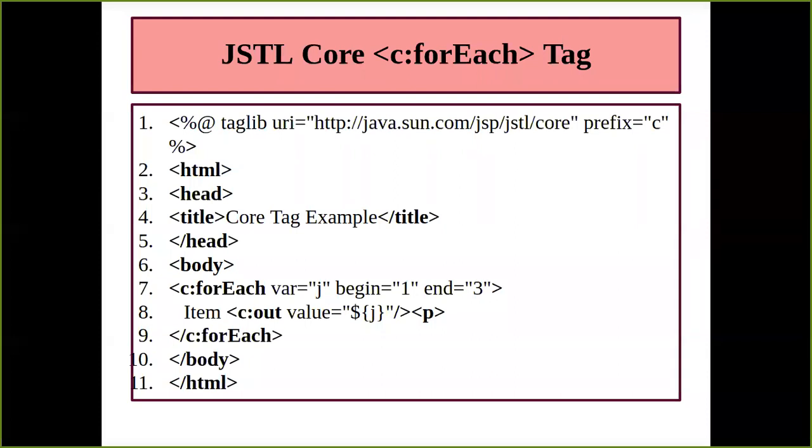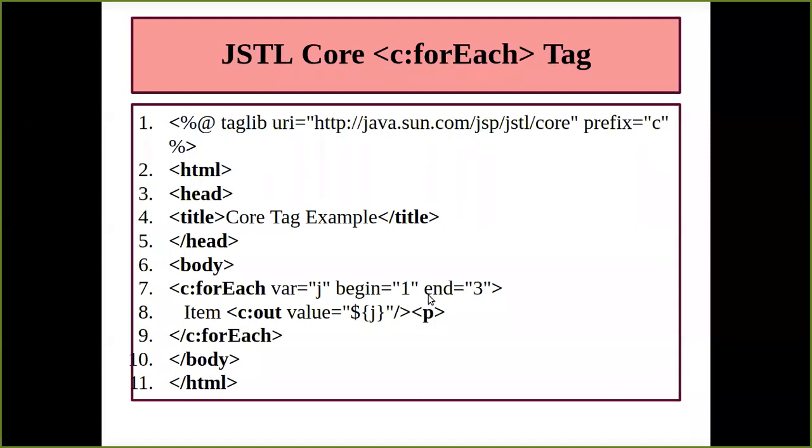Similarly, instead of having the whole initialization, instantiation and incrementation in the for loop, where we have the variable int I equals 0, here it happens with the help of var equals the variable name. Then you have a condition that it will begin with 1, and you have an increment, but we define the end with the help of the end attribute, saying it is going to end when it reaches 3.